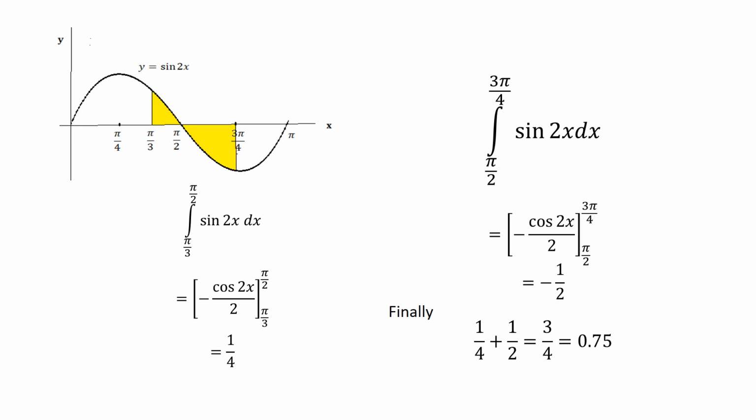Okay, so I mentioned that there are two integrals. So this area from pi by 3 to pi by 2 is this integration, and then from here to here is this integration. Table, calculator, table, simplification, and see this guy.